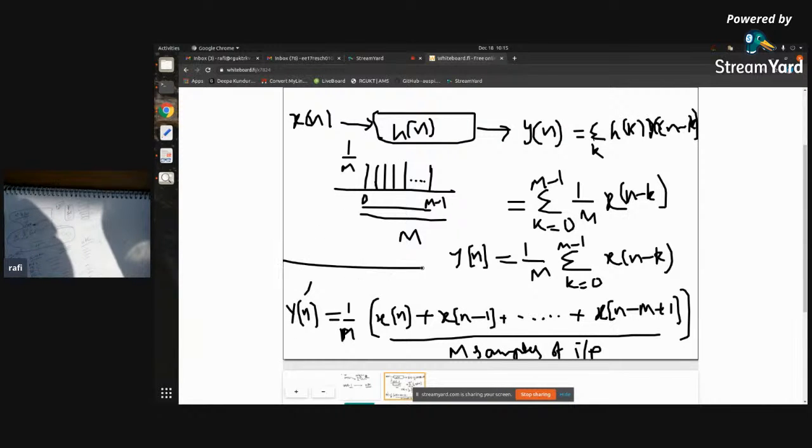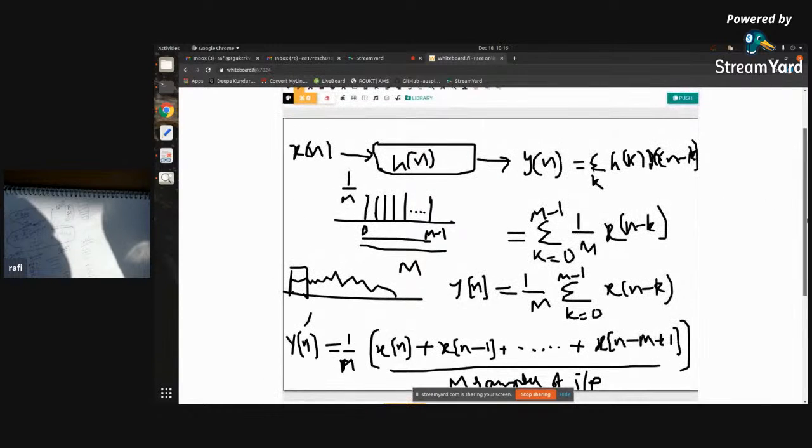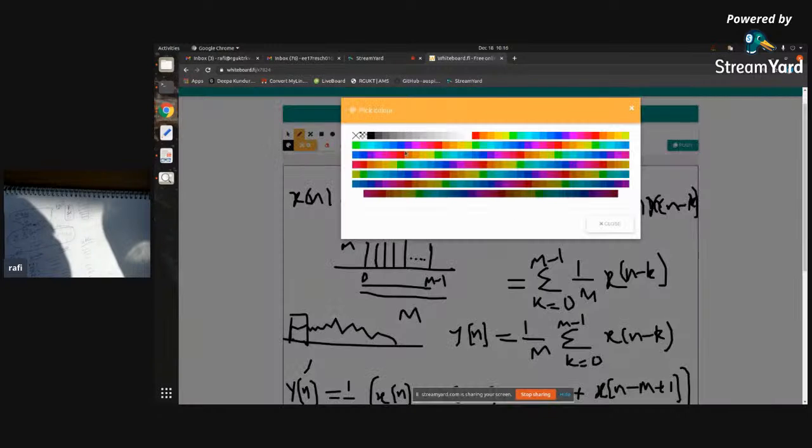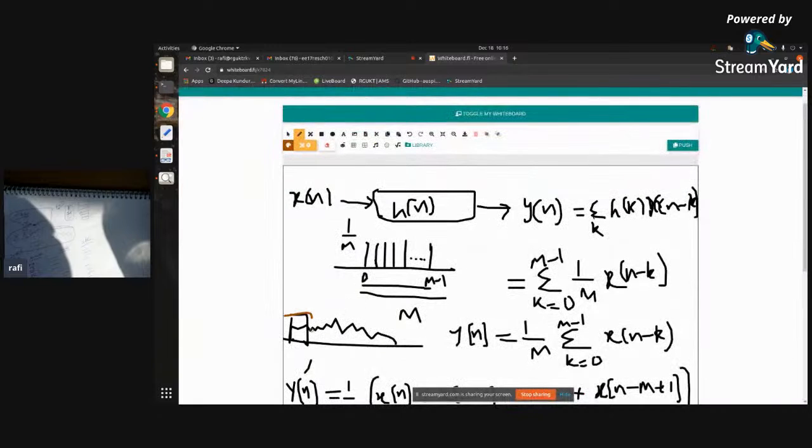For a given input, I'm just plotting a continuous time signal. You treat it as samples. So you take a window of m and you keep on moving this window over the input.